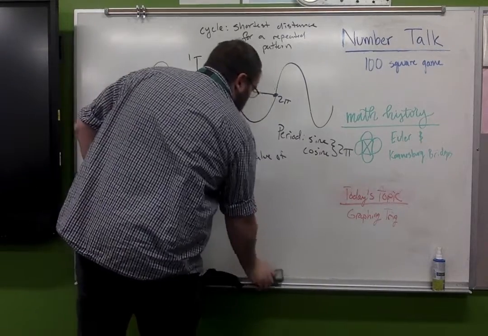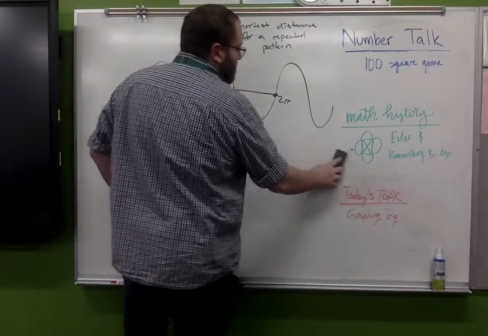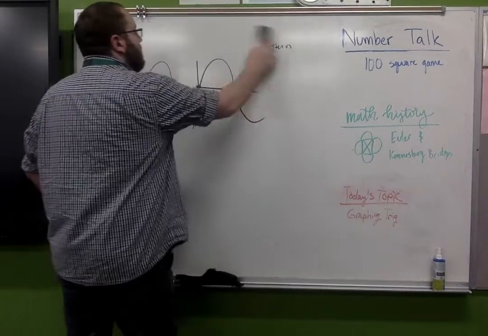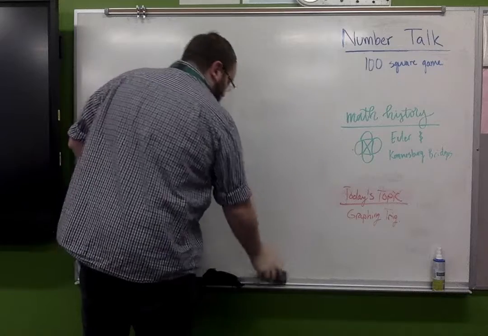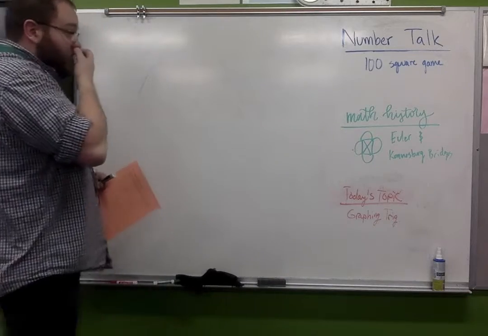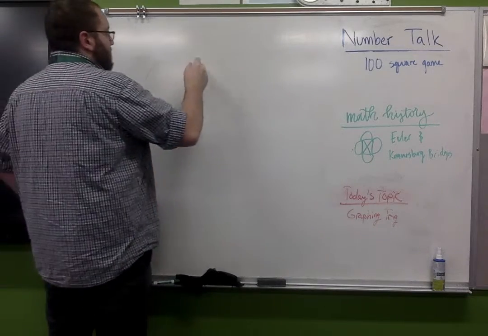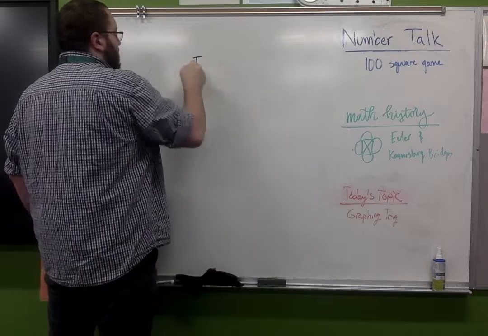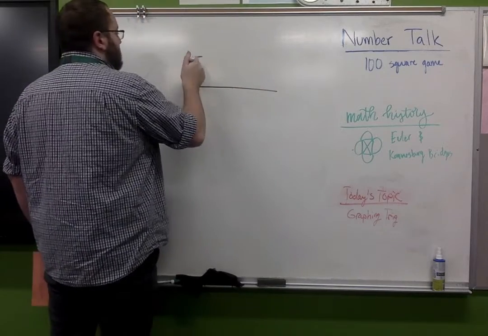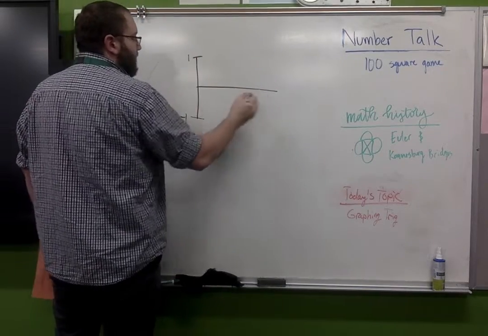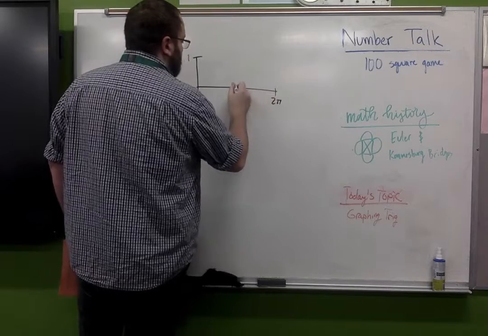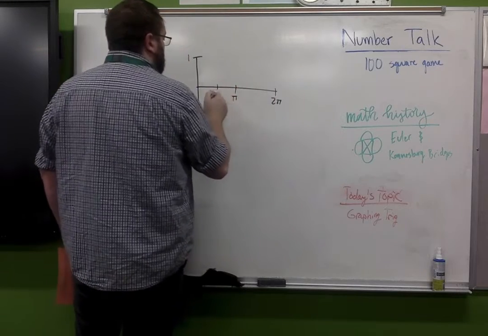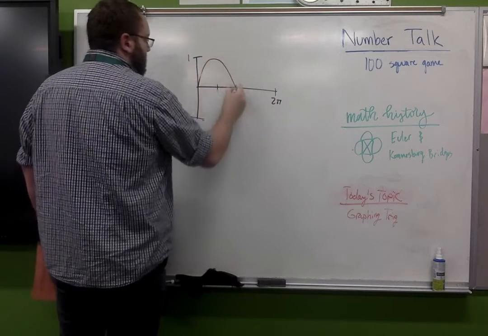Let's talk about something called a phase shift, because that's a new definition. A phase shift is just a horizontal shift. But we call it a phase shift because we're dealing with waves now. So let's see, we have kind of like this.